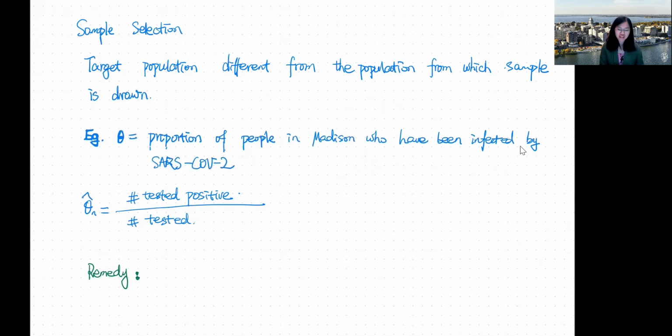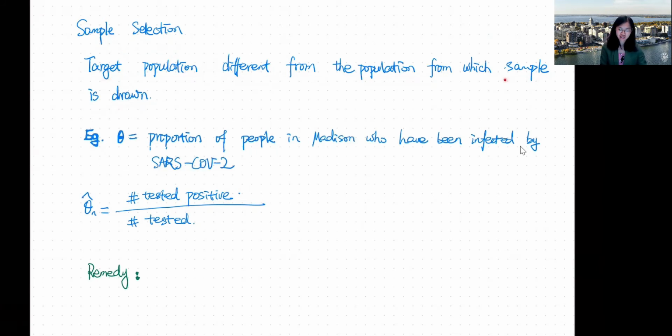Basically, the sample selection issue occurs when the target population, that's the population that you are interested in, the population you want to target, is different from the population that your sample is drawn from. If your sample is not drawn from your target population, then the estimate coming from your sample will not estimate the right population quantity.